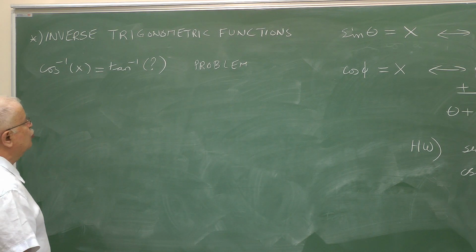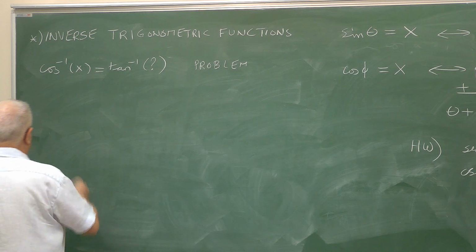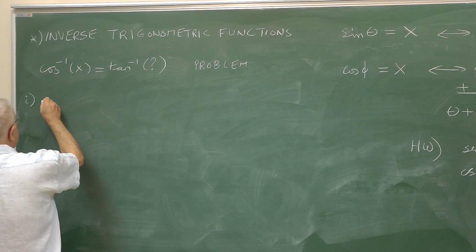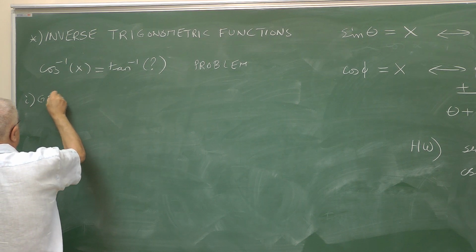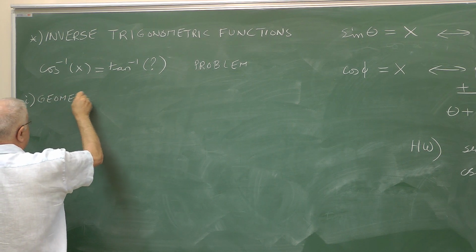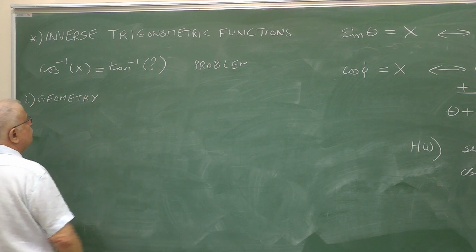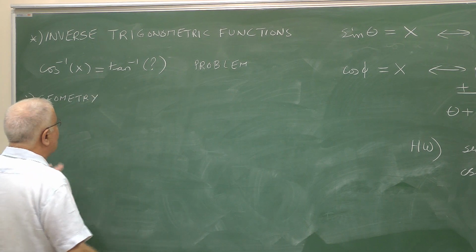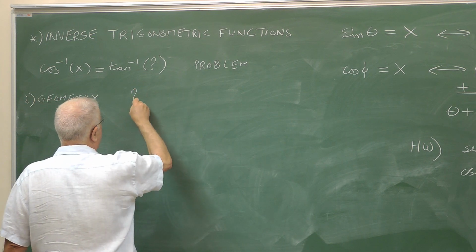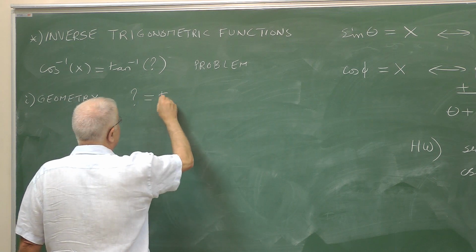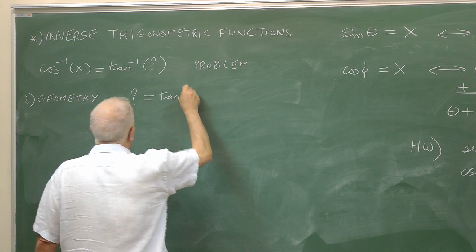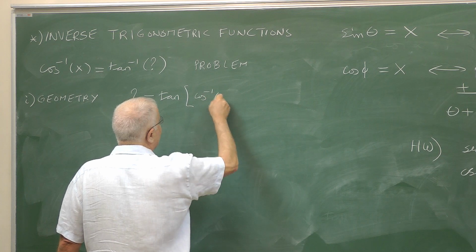There are two ways of solving this thing. One is geometrical. So, solving for the question mark is tangent of cosine inverse x.